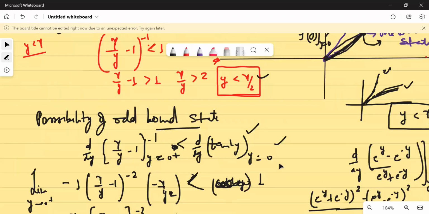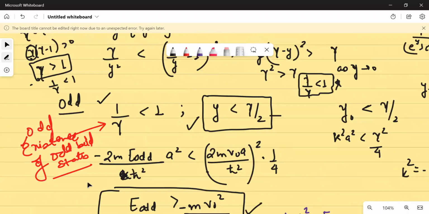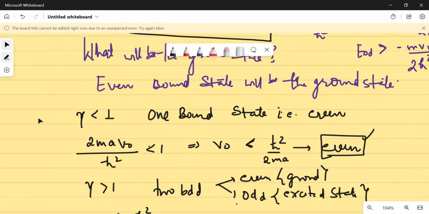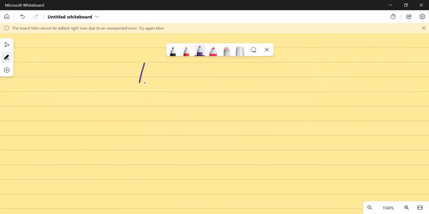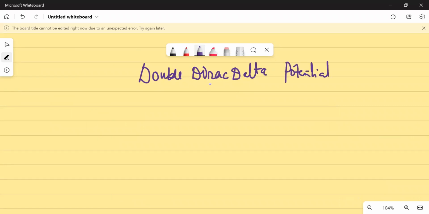Yes, sir. So let us make a summary out of it, because there are still quite 5 minutes left. A summary would be that if I am discussing my double Dirac delta potential, I will encounter two cases: one case would be odd, the other case would be even.